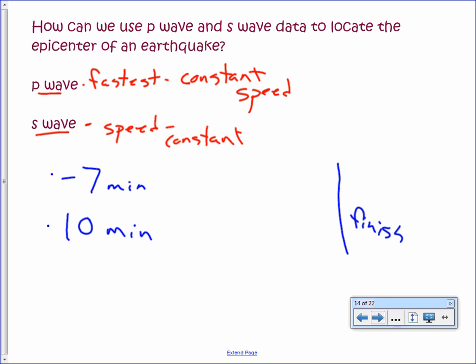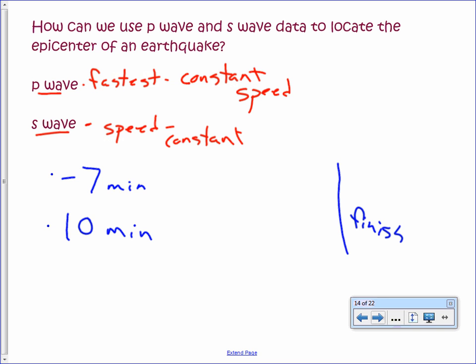Then what's the time? Is it going to be 3 minutes? No, it's going to be a lot shorter, right? And forget about sprinting and endurance and that kind of stuff. But if they run at that constant speed, what if they run a 10-mile race? What's going to be the difference between the finish times? 30 minutes, right? Because 3 minutes in 1 mile times 10 miles would be 30 minutes.